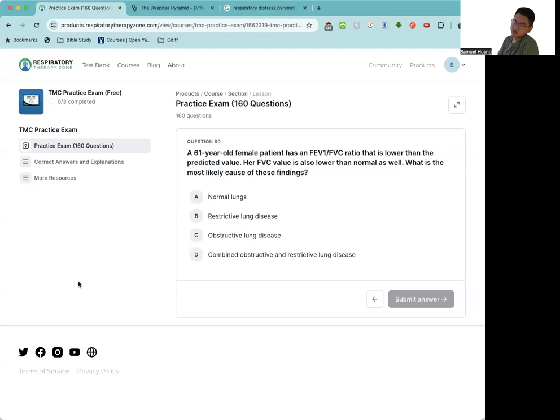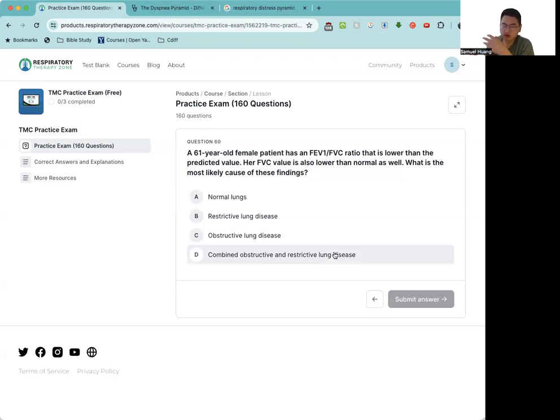So there's two things happening. The FEV1, FVC is lower, obstructive. FVC is lower when it should be high. So there's a restrictive pattern that's forcing the air out. So not only can you not get air out, you can't keep it in. Normally with obstructive patterns, you can't get air out, so it gets stuck in. It's like you try to blow out, you can't, so you keep expanding.